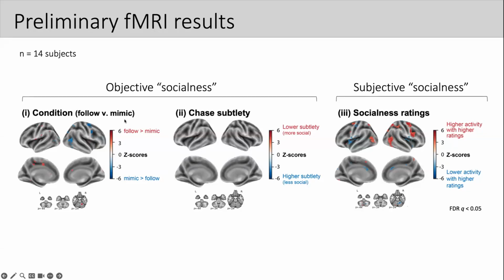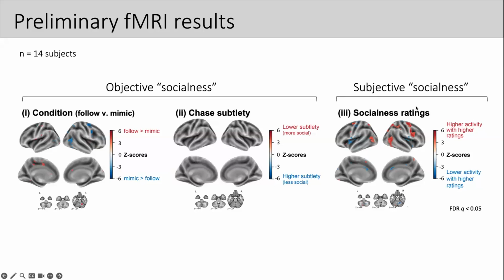So here is activity in response to the different conditions, follow versus mimic, and then the subtlety variables. These are the things we're calling objective socialness, like we as the experimenters are determining if this should look social, and if so, how social it should look.